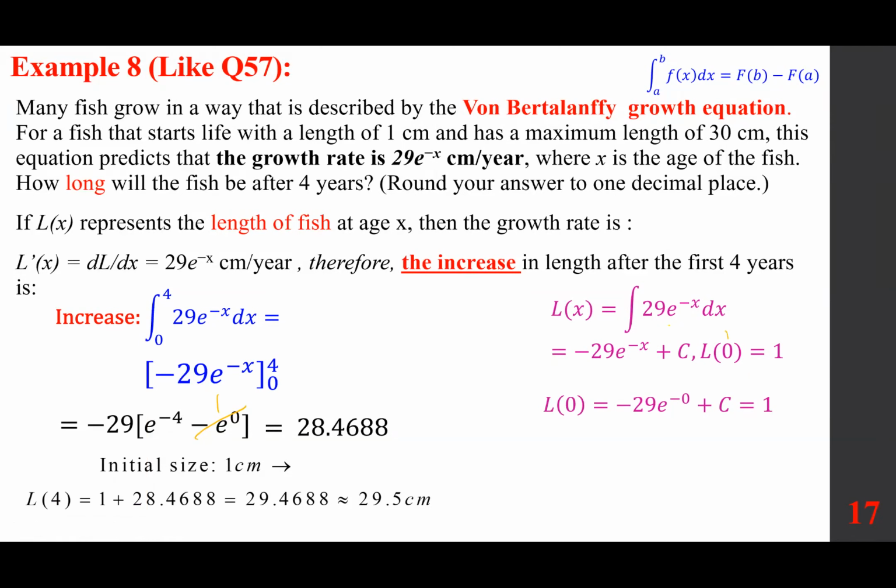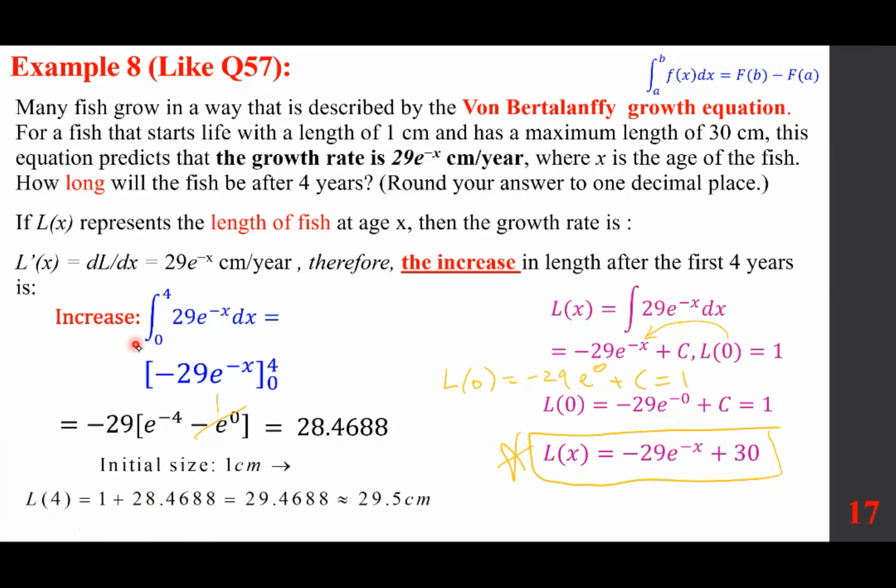If I plug in 0 in here, L of 0 is minus 29 e to the power of 0 plus c, which is 1, right? L of 0 is 1, and e to the power of 0 is 1. So minus 29 plus c is 1, c becomes 30. And so here's your equation at any given time.